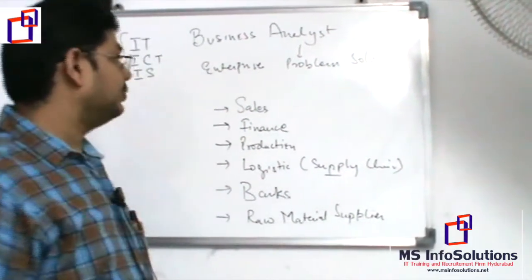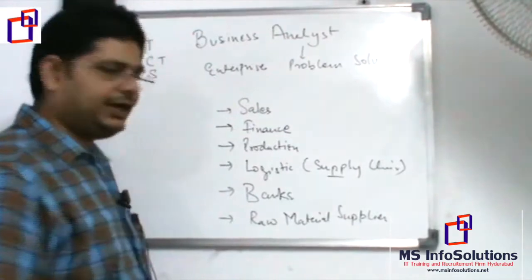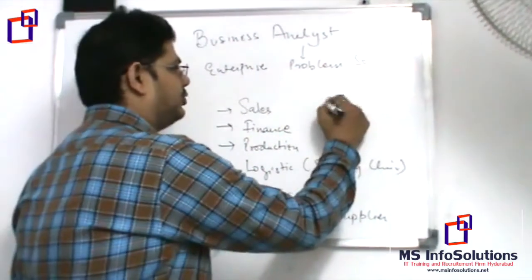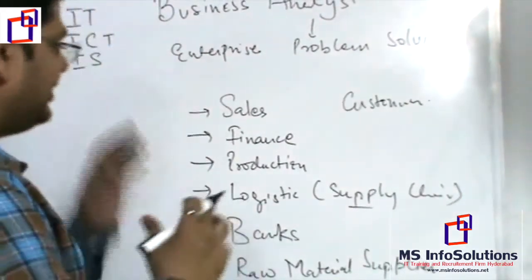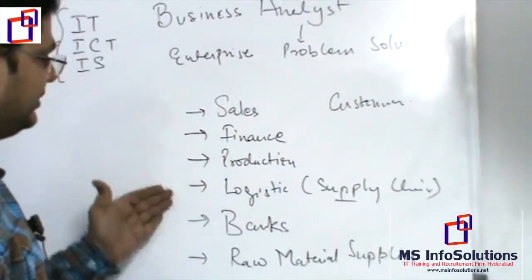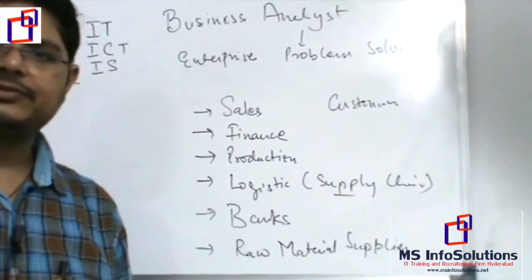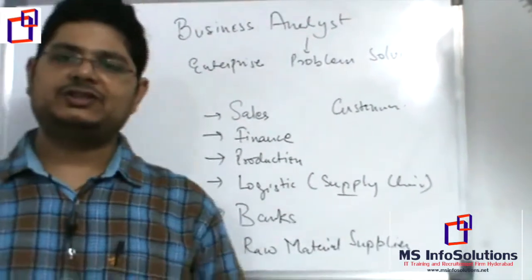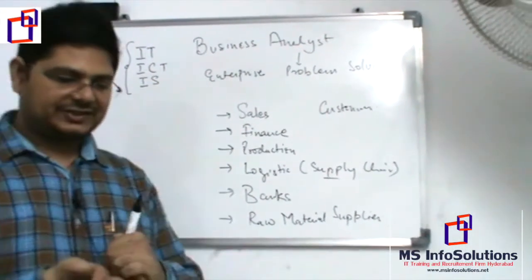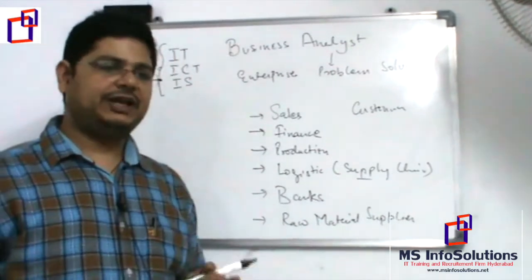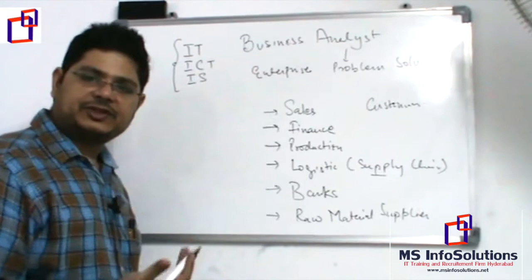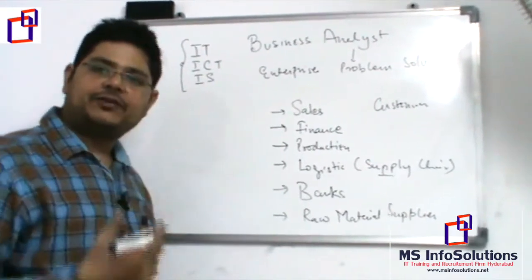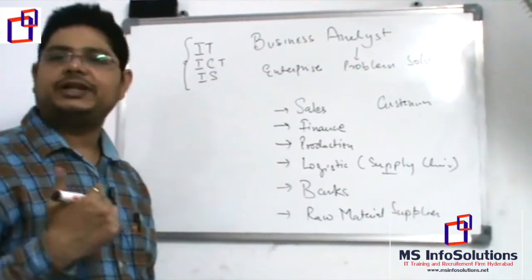And also we have customers, most important. So now we can see we have so many areas in pretty much every business. Every business is tied up with so many operations, and the owner or the main management of the business is interested in knowing what kind of profit they are going to get from the business.